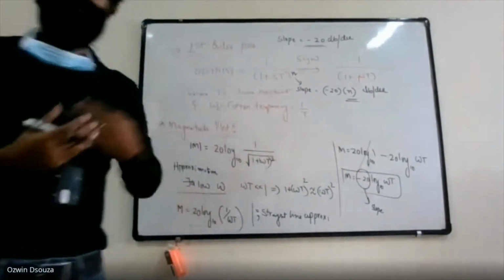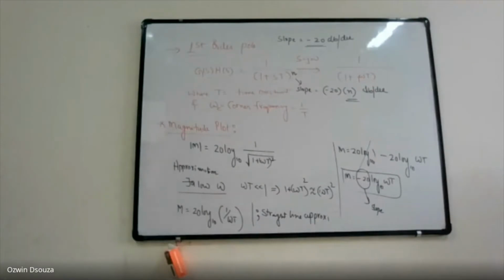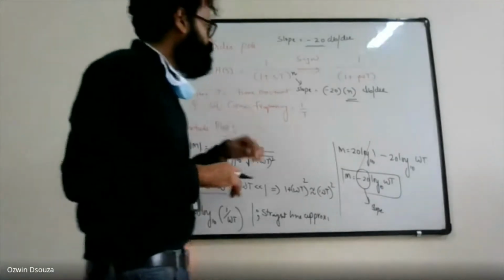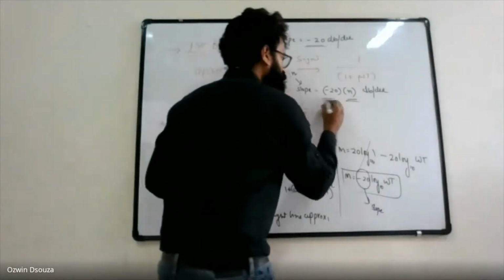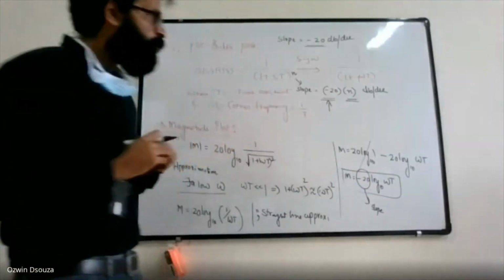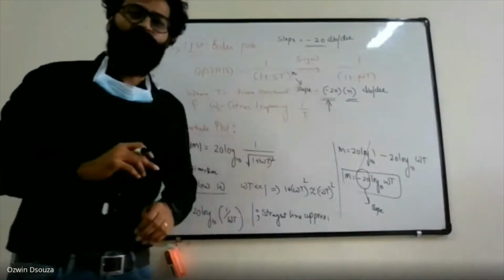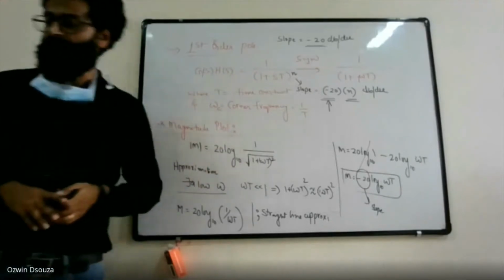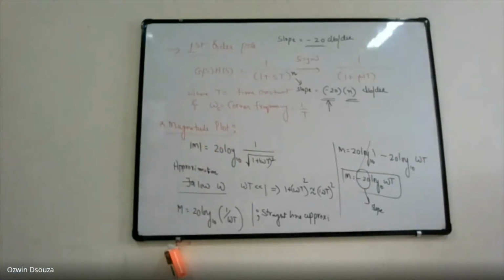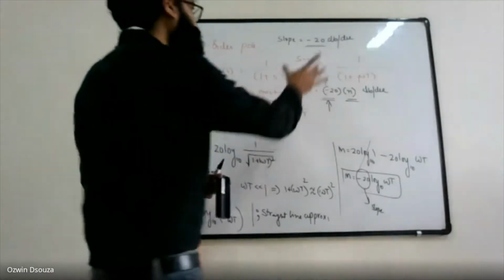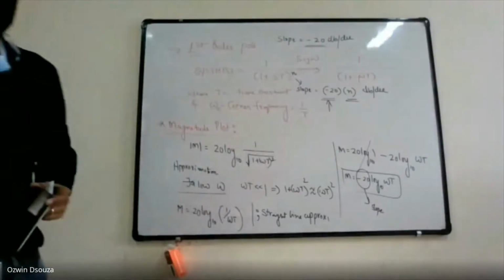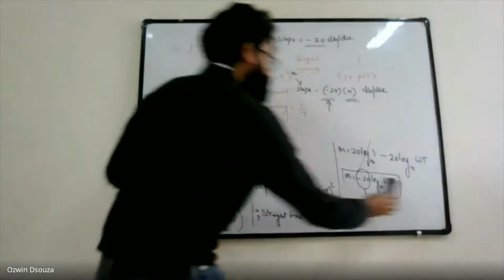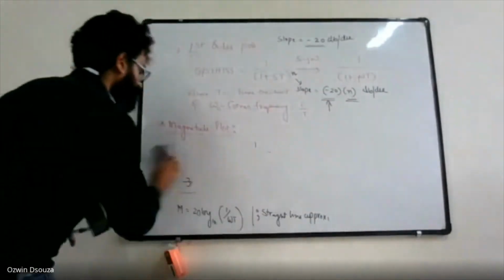So a square term will give you minus 40, a cube term will give you minus 60 decibel per decade, and so on and so forth. Once again, whenever poles come into the picture, you will get a negative slope. And whenever a zero comes into the picture, you should get a positive slope. So whenever you get a first order pole, you can simply draw a straight line having a slope of minus 20 decibel per decade. So that's the takeaway.